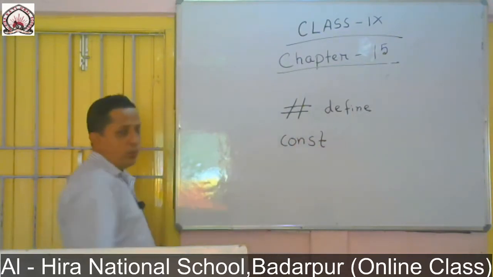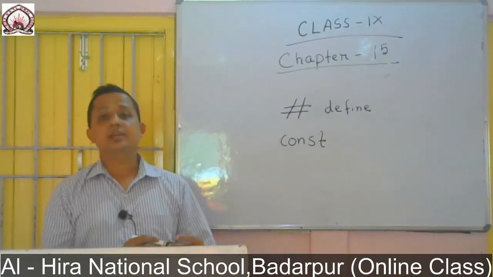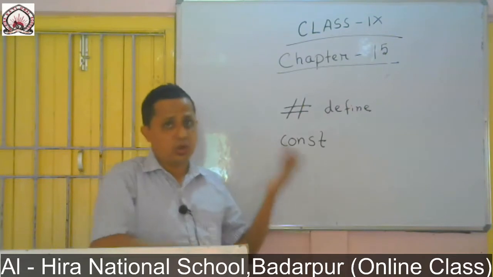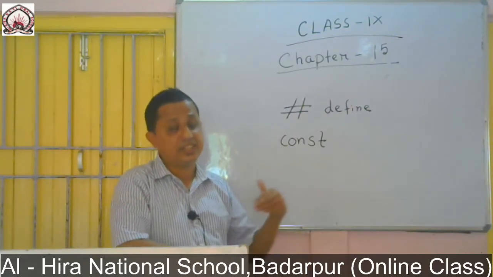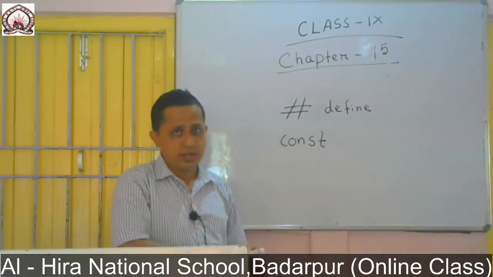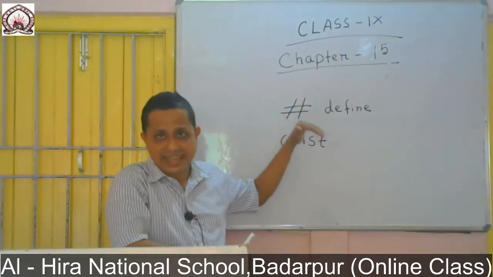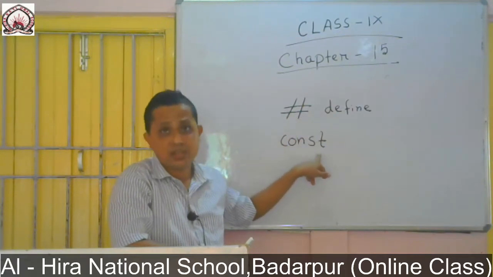These are the two ways by which we can define a constant. Now what is a constant? As I told you earlier, constants are the data values that don't change their value during the execution of the program. So we can make a thing constant by using #define or by using the const keyword.